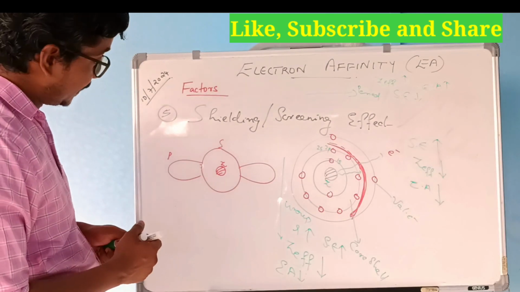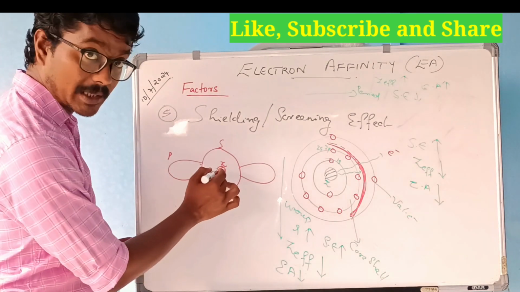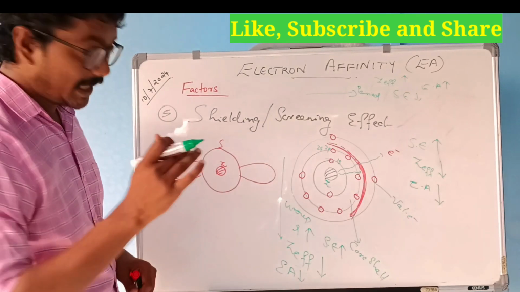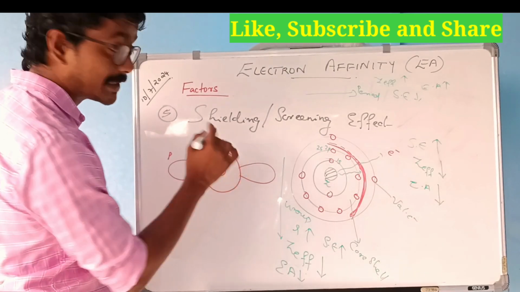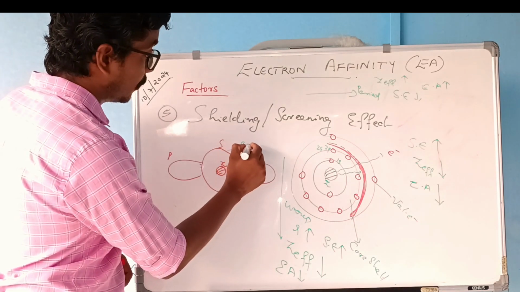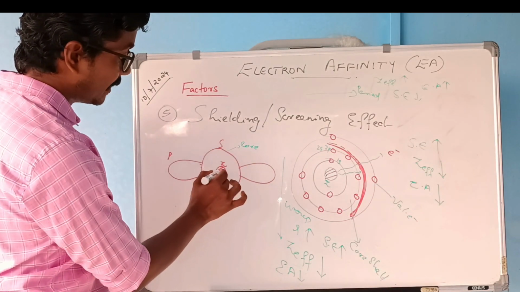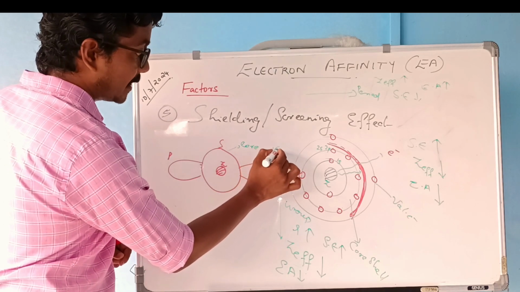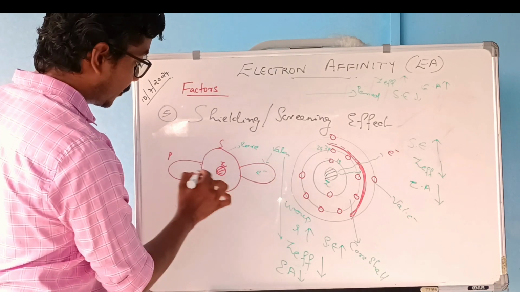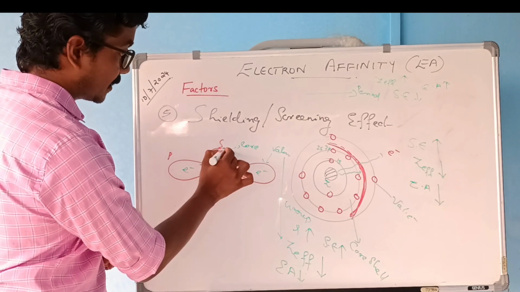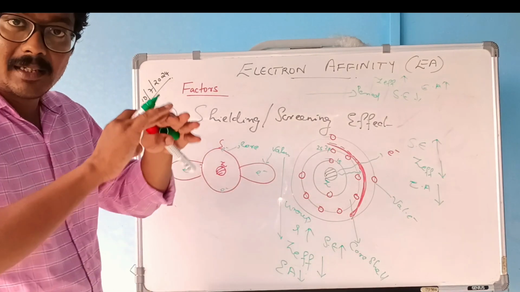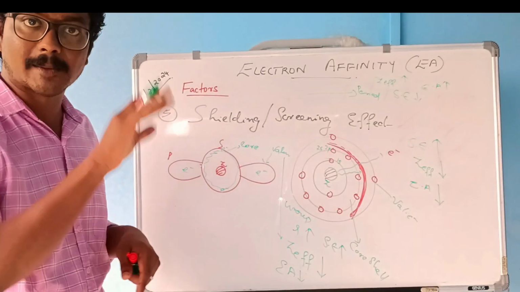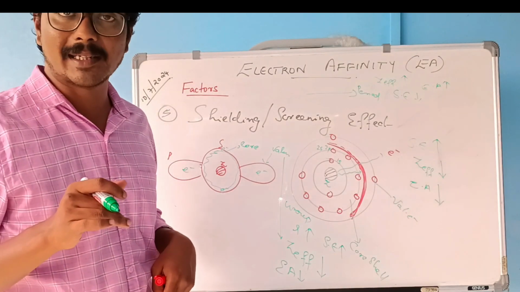See, this is the nucleus, this is the s subshell, and this is the p subshell. If the s subshell is the core and the p subshell is the valence, the probability of finding the s electron is around the sphere, according to the quantum mechanical concept.